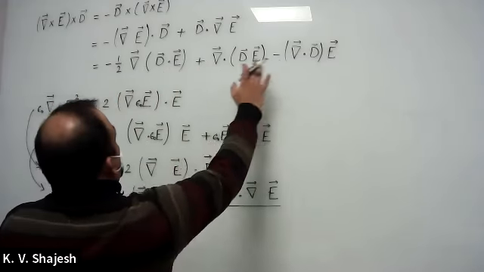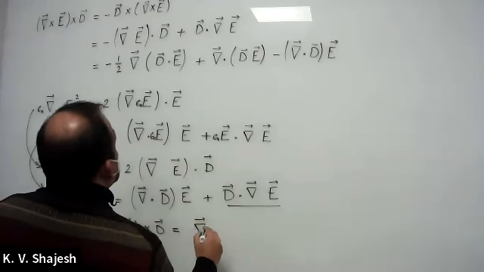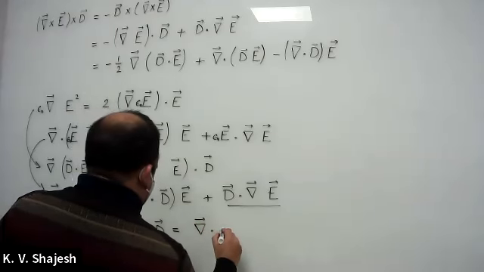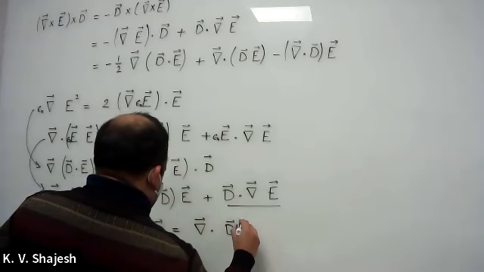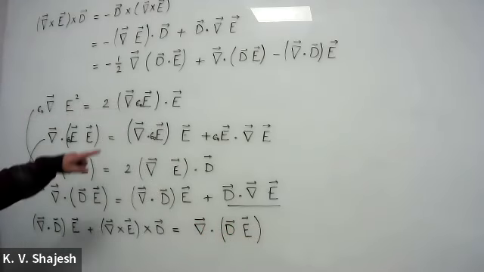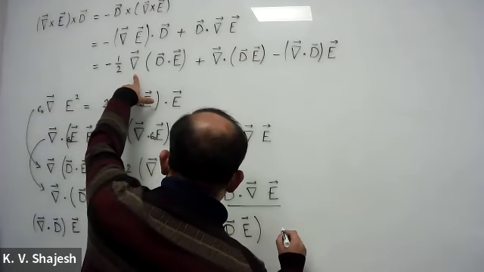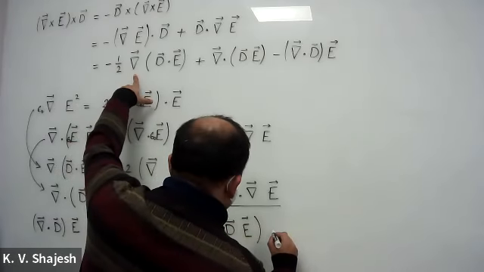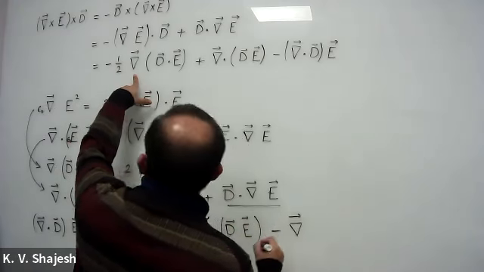I've taken this out, so this is dotted with E. And that is this term, which is going to be written as minus divergence of.